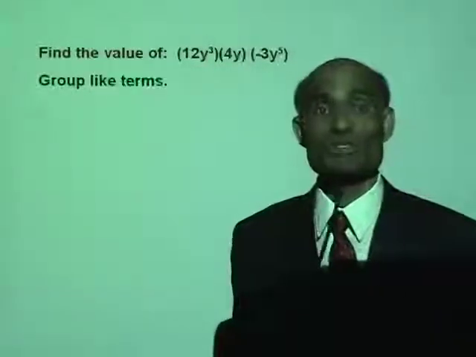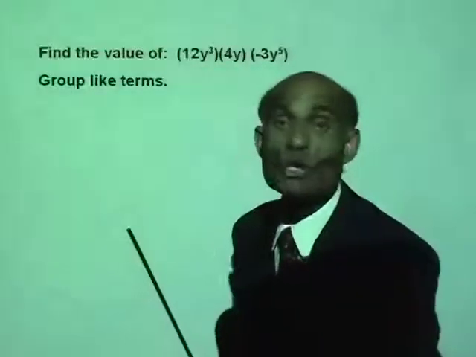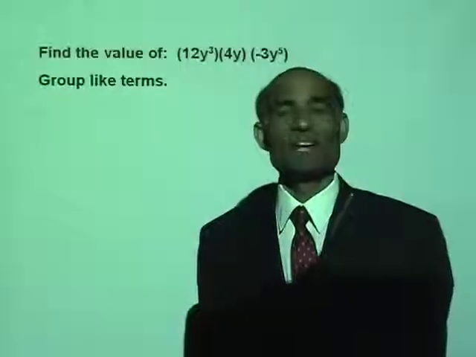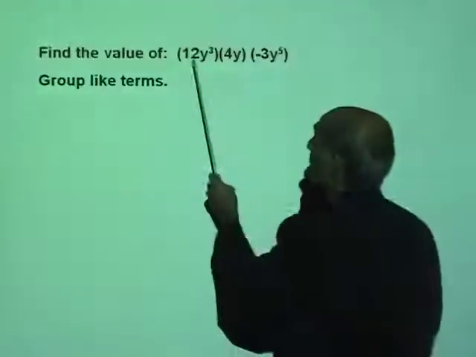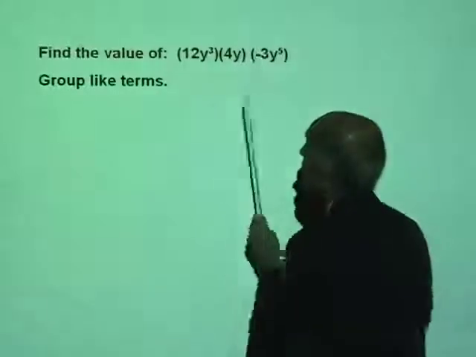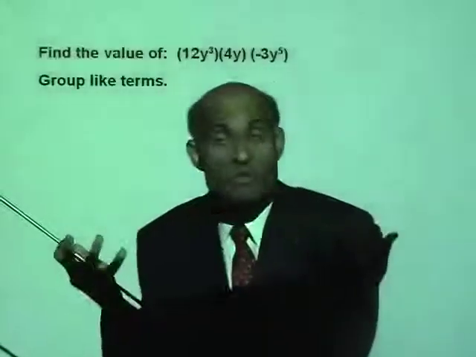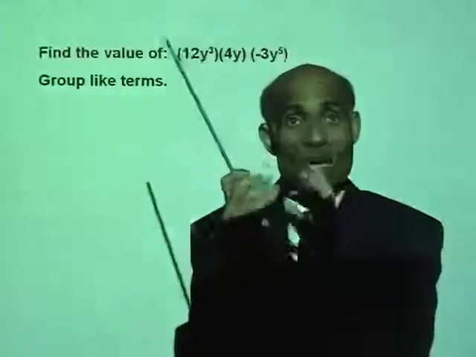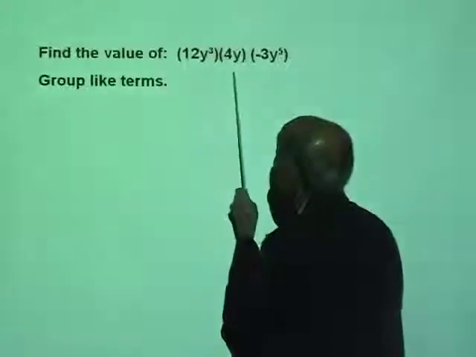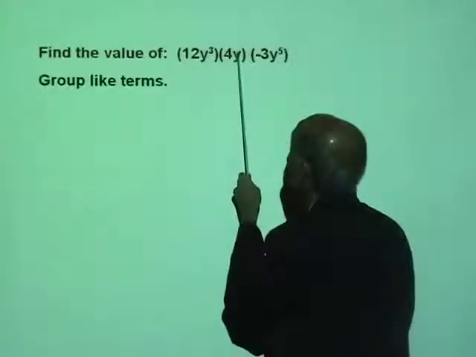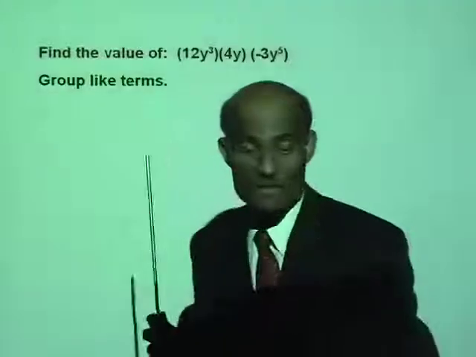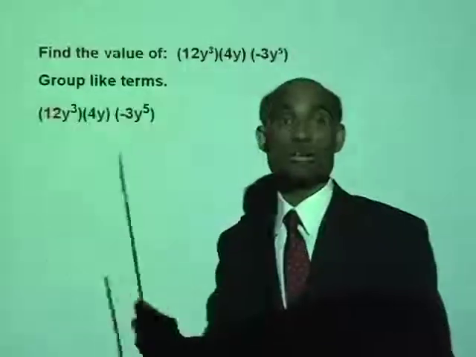What do you do first? First of all, we group like terms. What are like terms? If you look, there are the numbers 12 times 4 times negative 3. It's easy to multiply those numbers, so put them together. And then terms that have base y, y cubed and y to the power 5, group those together. That is the meaning of group like terms.